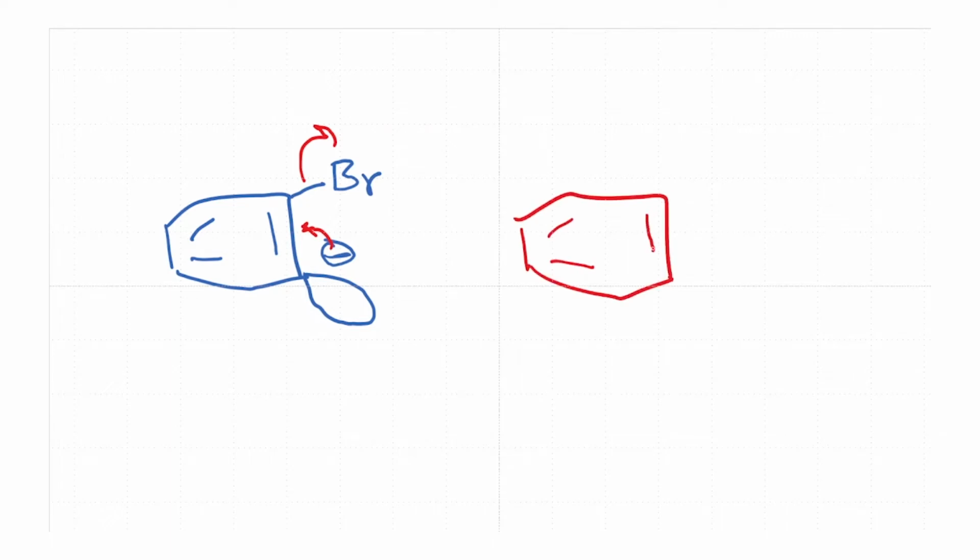So you already have a pi bond over here, and this new pi bond is formed in the following manner. You have this sp2 orbital and this sp2 orbital, and they overlap and give you the triple bond. Okay, so it is not like a conventional pi bond that is formed, but it is more like a double bond formed with sp2 orbitals overlapping with one another.